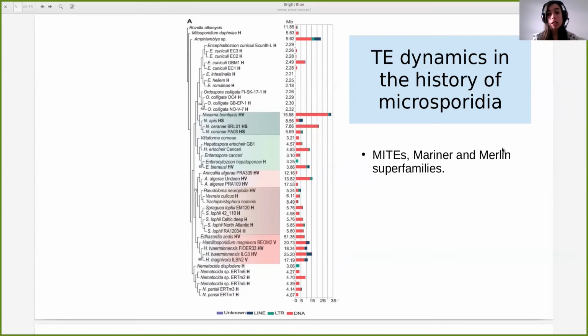We found out that DNA transposons are the dominant class of TE in Microsporidian genomes, but their abundance varies greatly in lineages, even in the same species, and it's not phylogenetically conserved.